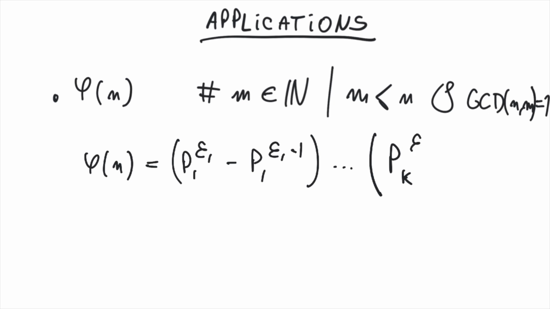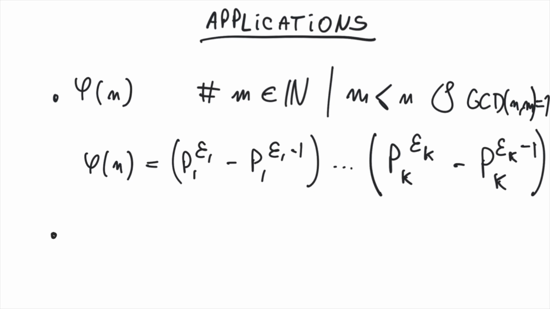Remember, we said we had up to pk to the exponent ek minus pk to the exponent ek minus 1. So of course, if we can compute the prime factors and the exponents, we can easily compute Euler's totient function.